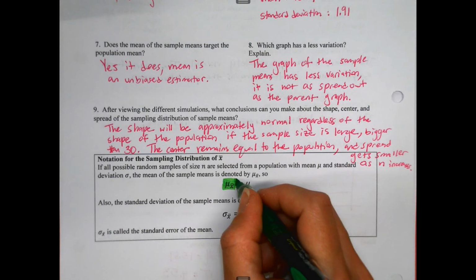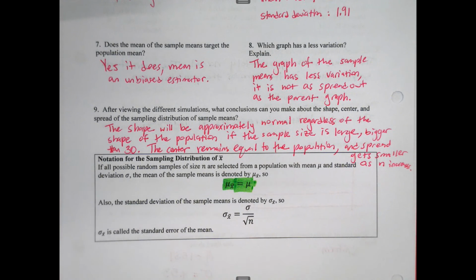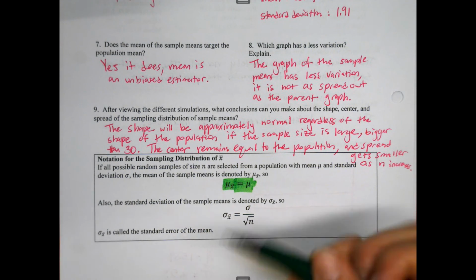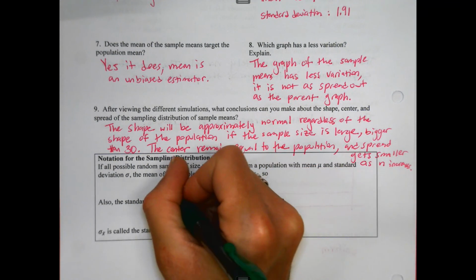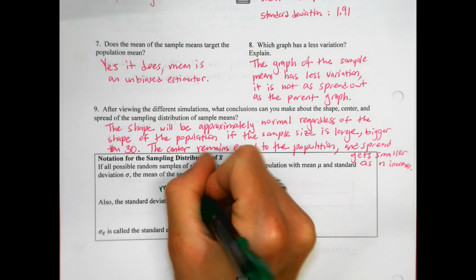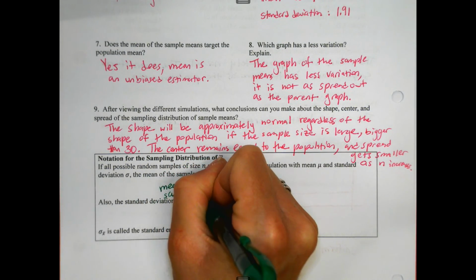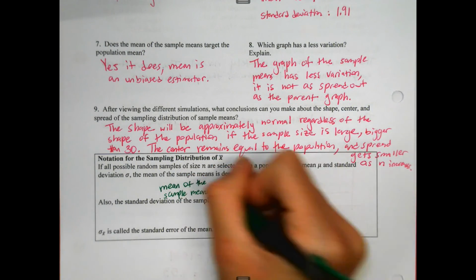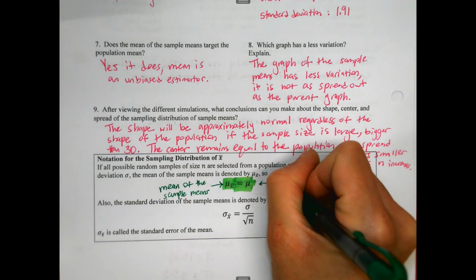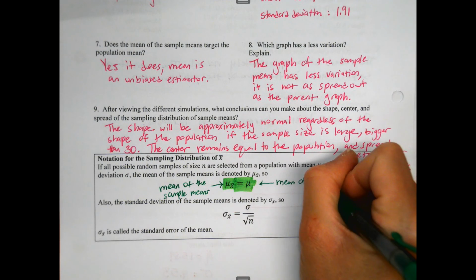And it's going to be equal to the mean of our population. This is the mean of the sample means, and it's equal to the mean of the population.